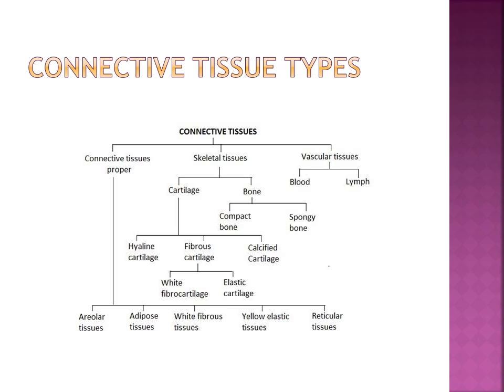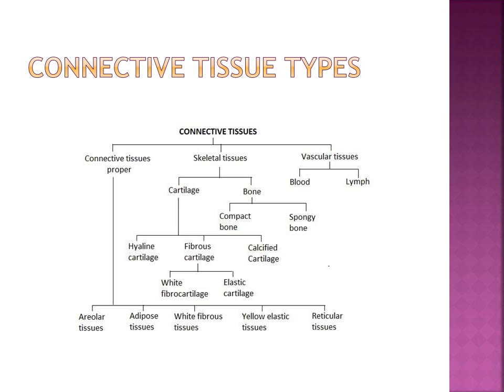That is, the orientation of the fibers shows a regular or irregular pattern, and it is called dense regular and dense irregular tissue. In dense regular connective tissue, primarily the collagen fibers run in many parallel bundles, and the major cell type is the fibroblast, as in tendons. Then irregular connective tissue has fibroblasts, and then the elastic connective tissue.